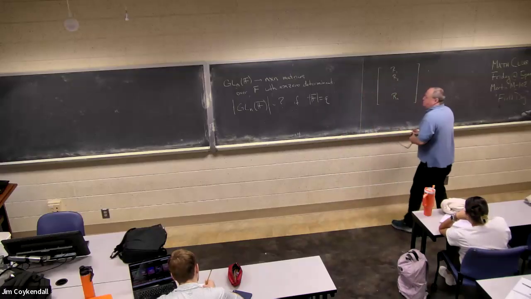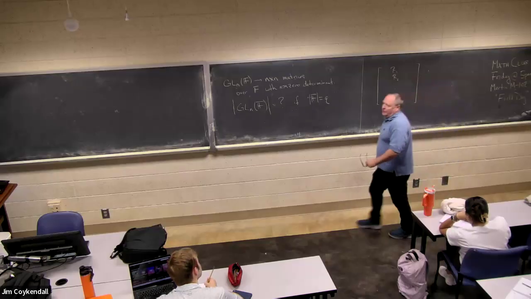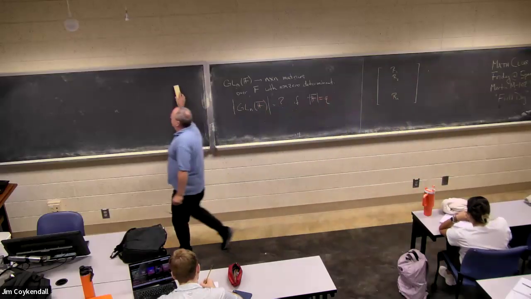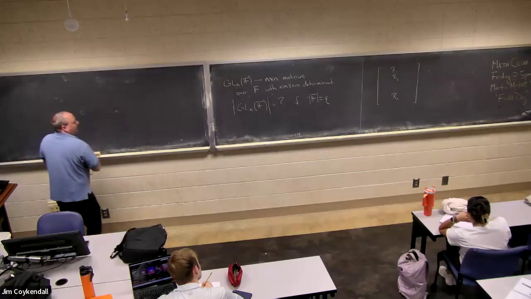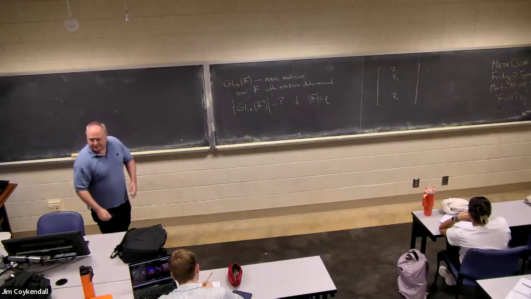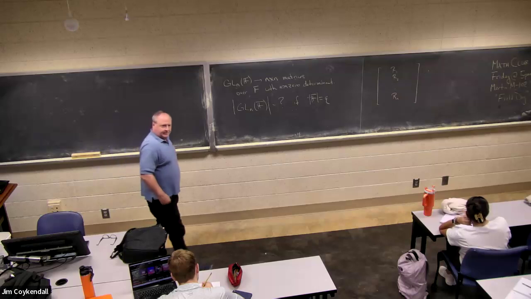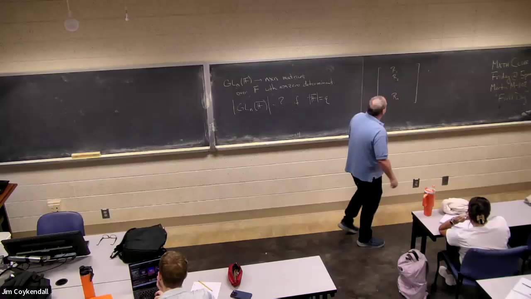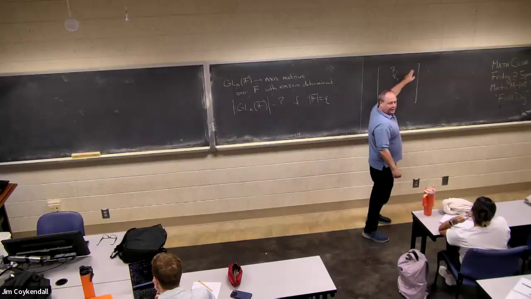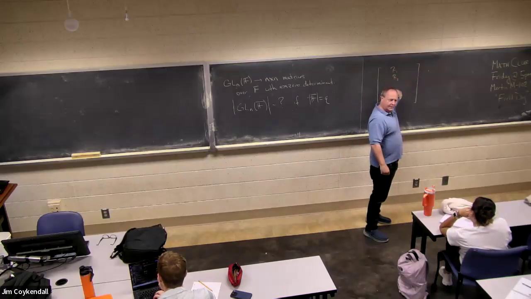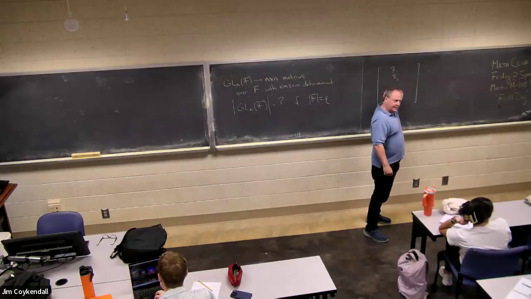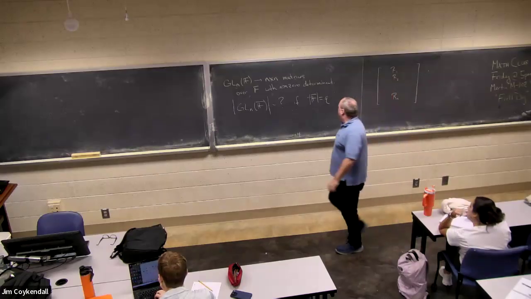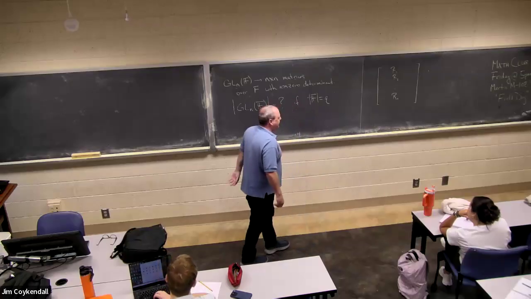So how many ways are there to make the first row? Well, because you've got n entries, right? Q elements in the field.